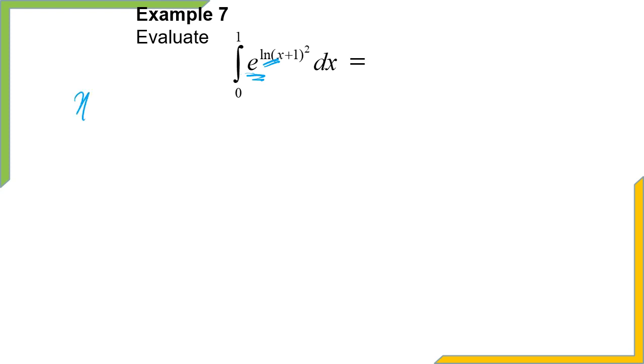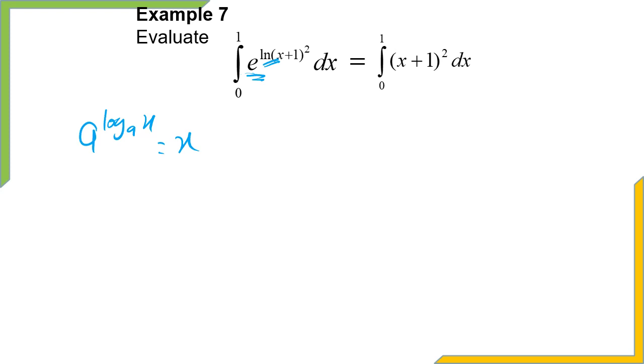This is like a to the power of log base a of x, which is equal to x. So this is actually equal to x plus 1 to the power of 2 with respect to x from 0 to 1.